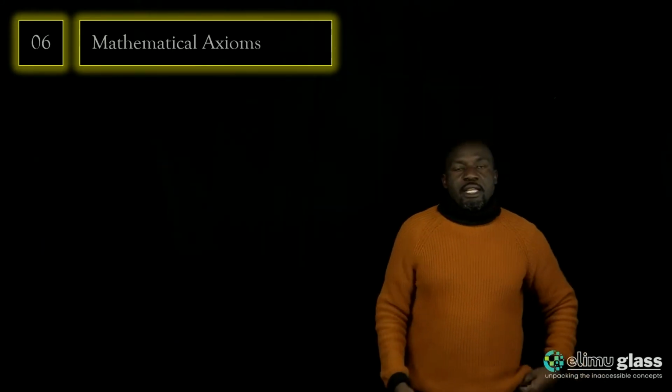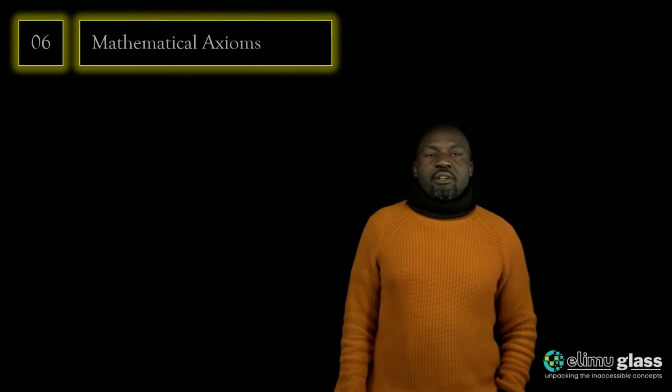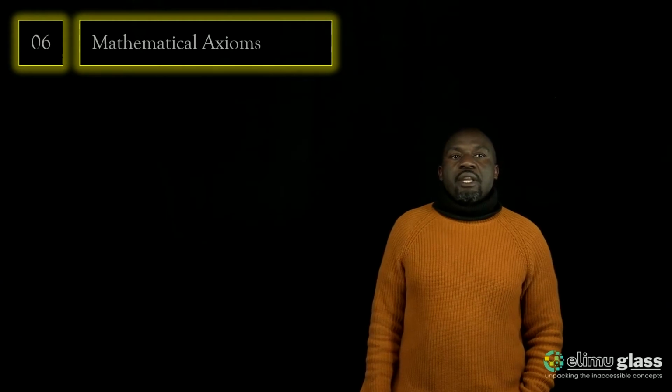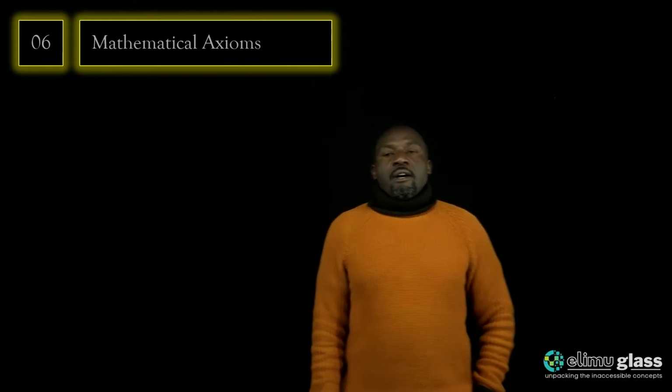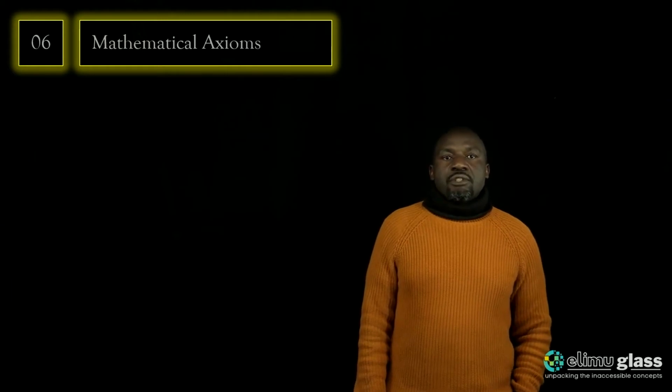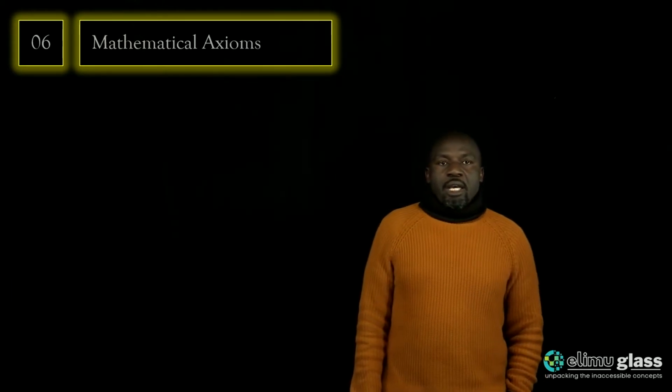Now the next thing is I want to talk briefly about what we call mathematical axioms. Axioms are important in defining or giving us direction as to what we will do with the implied domain.